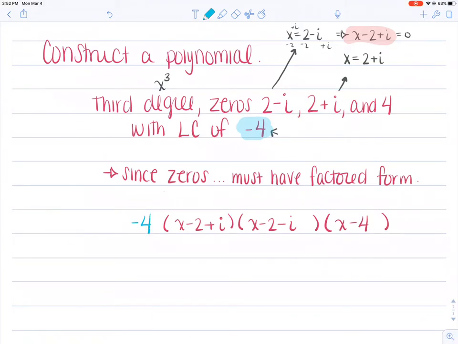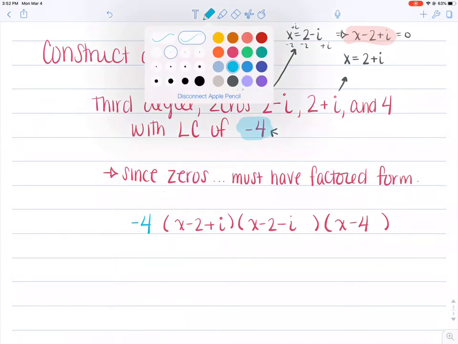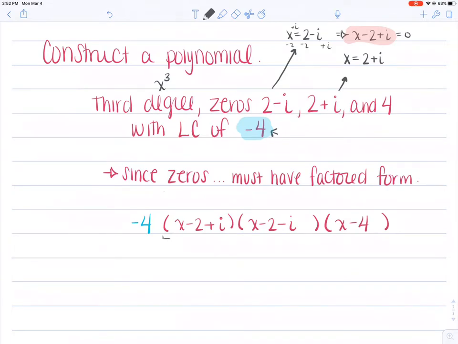Before I can distribute that negative 4, I've got to multiply out all of this stuff. So I'm going to multiply the first two pieces right there. You distribute every single term to all the other terms. x times x is going to give me x squared. x times negative 2 is going to give me negative 2x. x times i is going to give me ix.